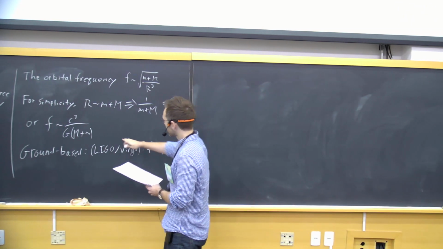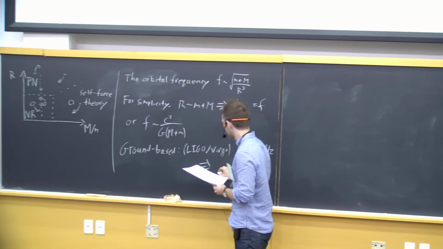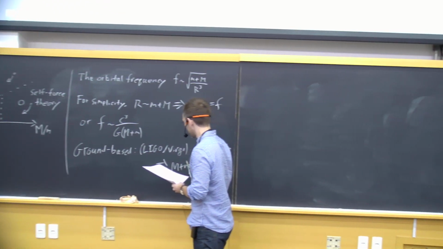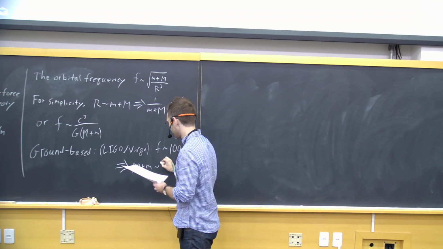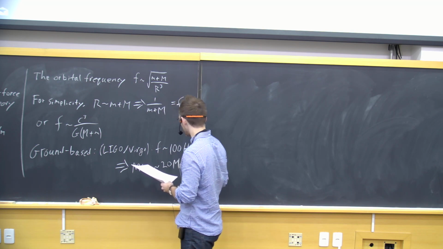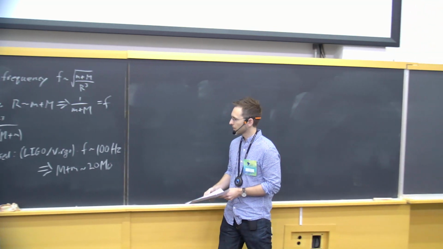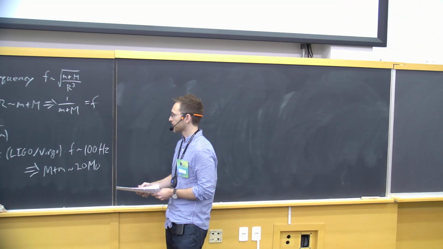So if you rearrange this and solve for the total mass, the total mass in this case is about 20 solar masses. It's about 20 times the mass of our sun.